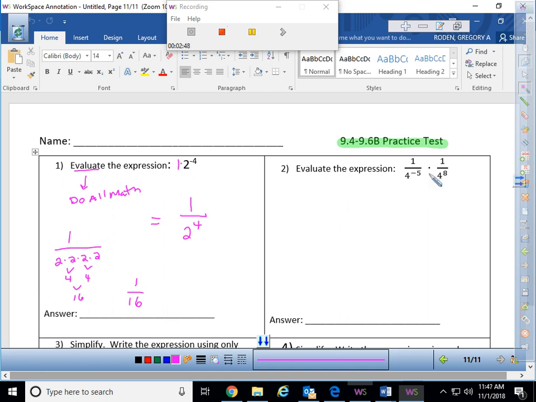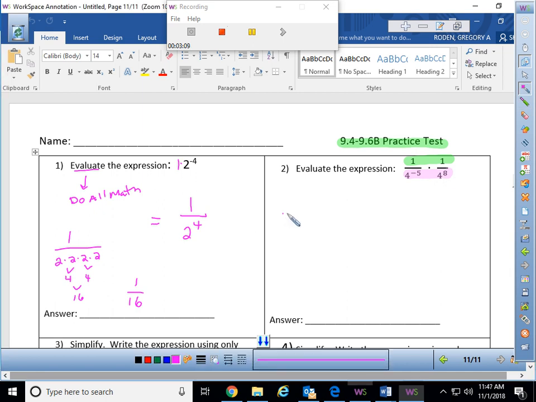Now I'm noticing I'm multiplying, and when I multiply fractions, whether they're fractions with exponents or variables or whatever, I just multiply straight across. So what I'm going to do is I'm going to multiply these 1's together, and then I'm going to multiply these denominators together.